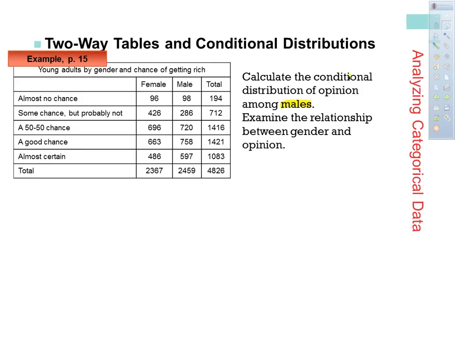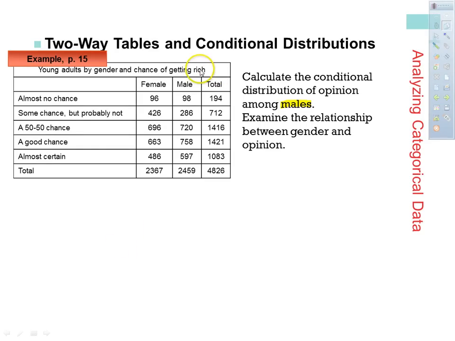So that means rows or columns. Which one are we looking at here? Are we going to go across the rows or down the columns? In other words, do I want to break this down, this down, this down, or do I want to go this way, up and down, right? That's the question. Well, because we're doing it for the males, because we're doing it based on gender, we're doing the distribution of opinion for the gender.